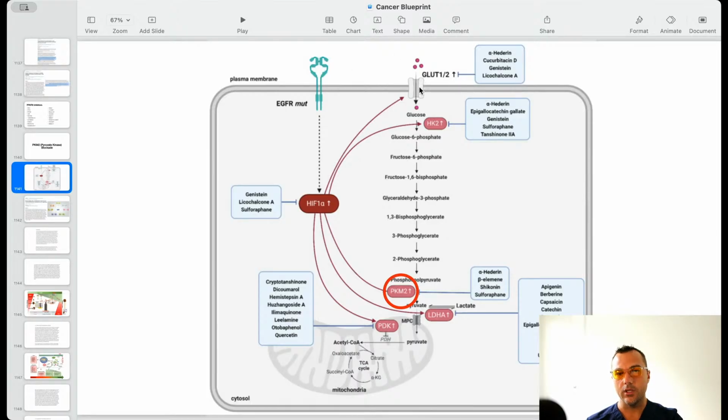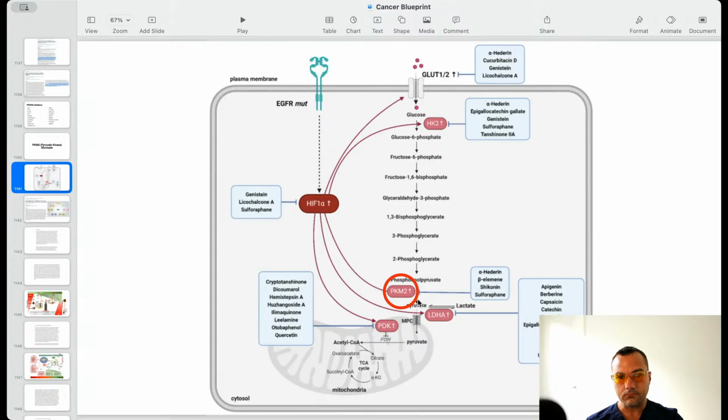We've hit the glucose transporters pretty hard. Then we hit hexokinase, then phosphofructokinase, then PFKFB. Now we're down quite a bit further at another key rate-limiting enzyme called pyruvate kinase.